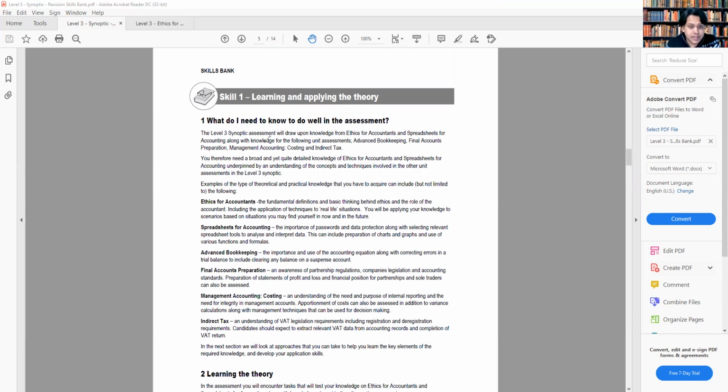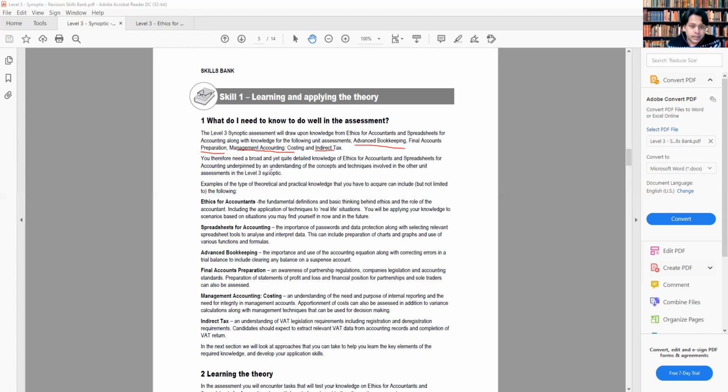The level 3 synoptic assessment will draw upon knowledge from Ethics for Accountants and Spreadsheets for Accounting, along with knowledge from the following unit assessments: Advanced Bookkeeping, that we have done; Final Account Preparation, that we have done; Management Accounting: Costing; and Indirect Tax. So we have done all these 4 modules, and of course now we're planning to do the synoptic.